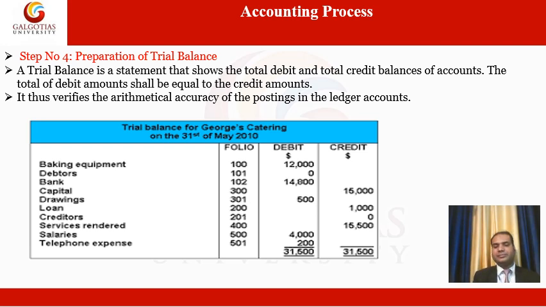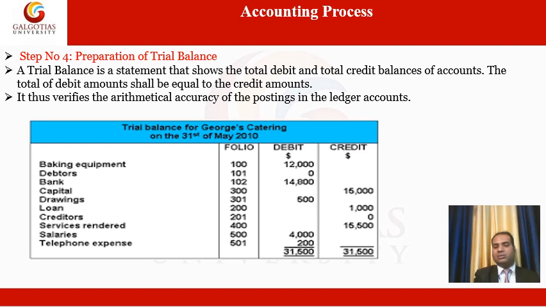Right. Now I'm going to explain the format of trial balance. This is the format of the trial balance. First of all, you have to write the closing balance of the individual account. And then you have to write the folio, and then the debit amount, then the credit amount, and it is always equal.